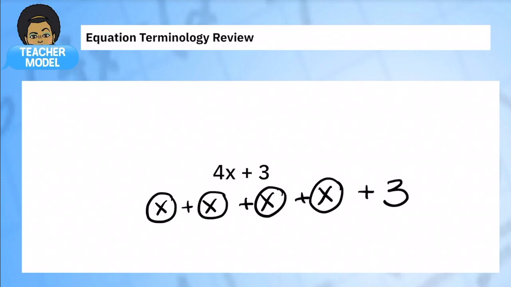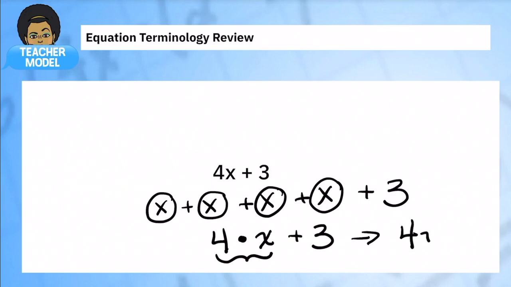As we got older, we knew that we can take this repeated addition and we can express it as 4 times that number. Repeated addition, we're going to express it as multiplication plus 3. And to make it even more simplified, we literally just put that 4 and that x next to each other to represent that multiplication. So in simplest terms, we get 4x plus 3.